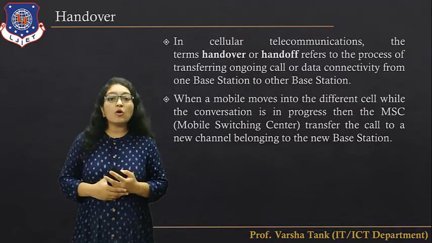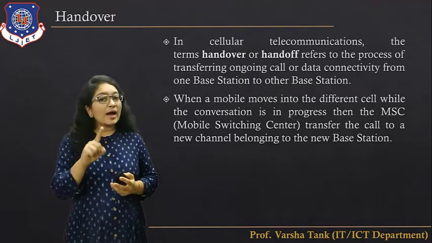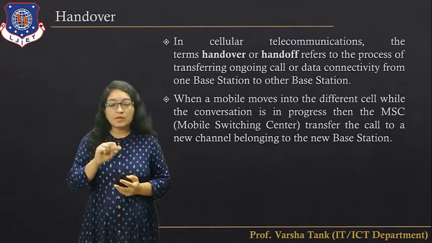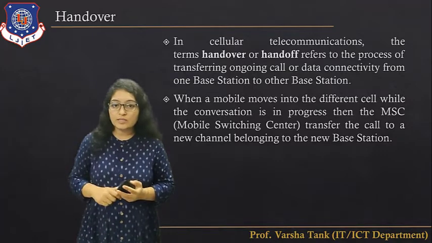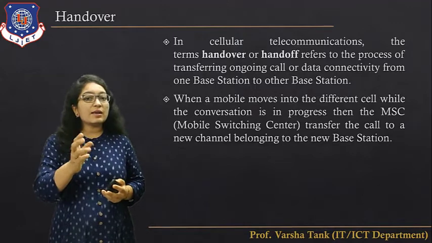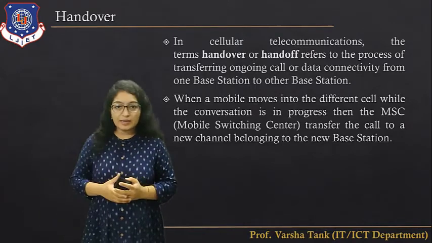Now all of you are aware of the GSM architecture and the cellular concept, so you will have a better idea about the cell: what a cell is and how the device moves from one cell to another cell. In each and every cell we have one antenna that takes care of that entire area.